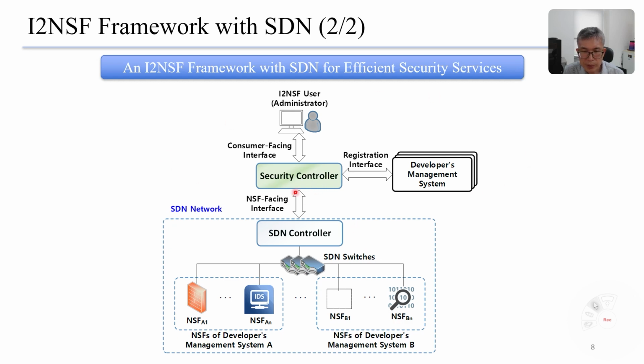Basically, the security controller gives low-level security rules over the NSF facing interface to the SDN controller. The SDN controller governs switches, and the OpenFlow protocol is used to enable the OpenFlow table to provide simple firewall services.